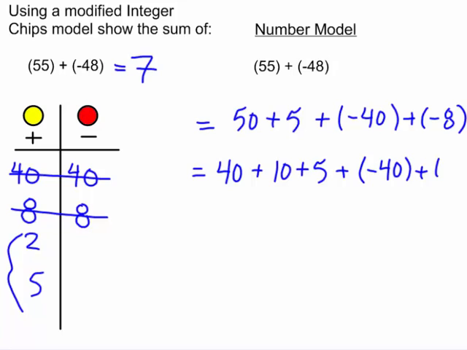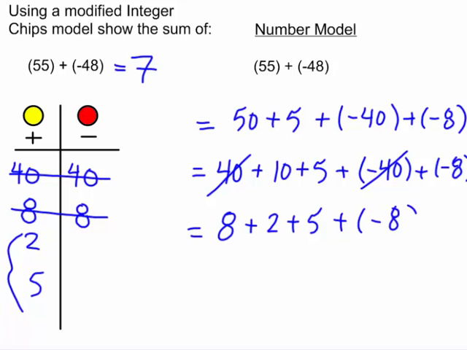And then I might even break the -8 right down right now. Or I'll leave it, one or the other. So I can see the 40 and the -40 cancel. I'll break my 10 down into an 8 plus 2. There's the +5 still. And I still have this -8 at the end. And then I could cancel the 8 and the -8. And again, I'm left with +7.